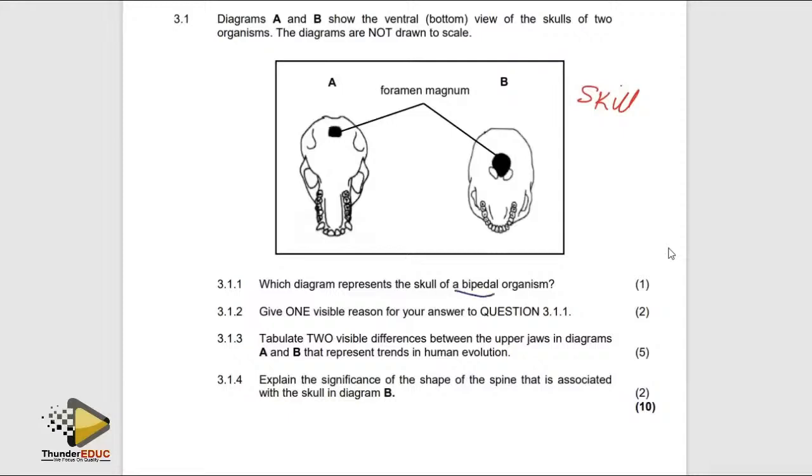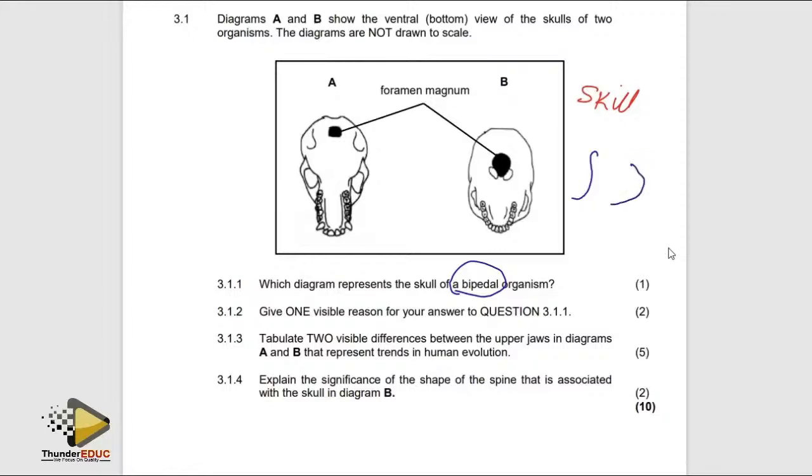All right. Now, which diagram represents the skull of a bipedal organism? Bipedal means that the organism is walking on two limbs. We have three factors with which you can identify whether the organism is walking on two limbs or not. The first one is the position of the foramen magnum. The second one is the shape of the spine, whether it is S shape or C shape.